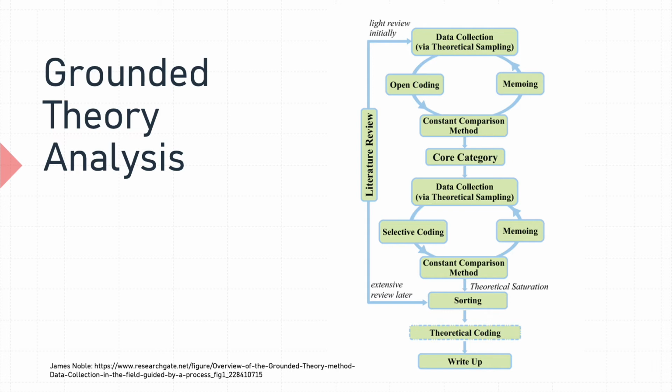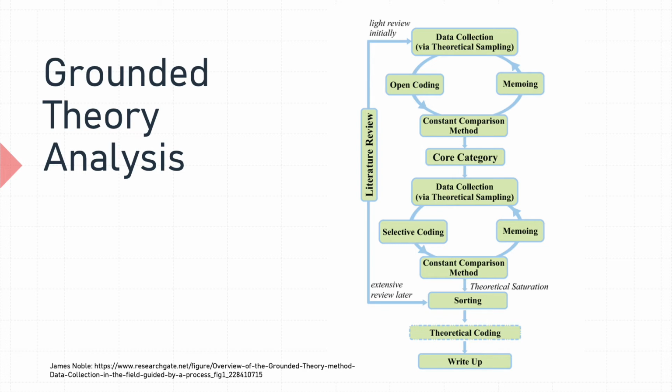Now you probably say, what in the world is memoing? Basically, this is the process of taking theoretical notes throughout the process. And you are doing a constant comparison. So you notice data collection, memoing, open coding, and the constant comparison is cyclical. It is forever informing the researcher.